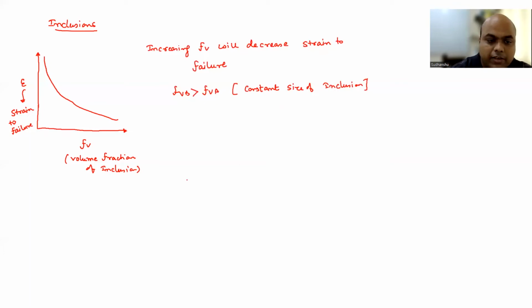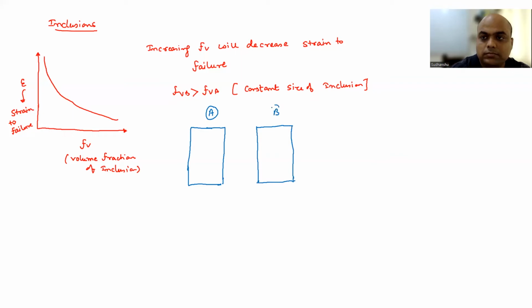Right? So now let me draw two samples, A and B. Suppose we have specimen A and specimen B. Now the inclusion size remains same in both the cases, only the volume fraction of inclusions changes, right?